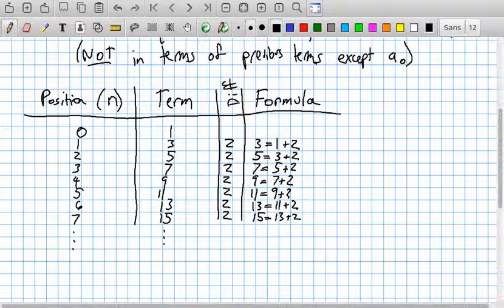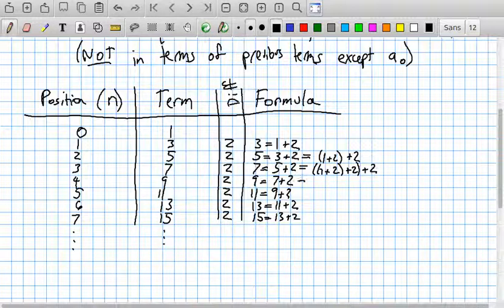That was essentially following along the recursive definition, but now let's unpack this. You see this 5? It's 3 plus 2, but that 3 was the previous term, so let's write it out: 1 plus 2 plus 2. Instead of writing it as 3 plus 2, let's write it as 1 plus 2 plus 2 plus 2.